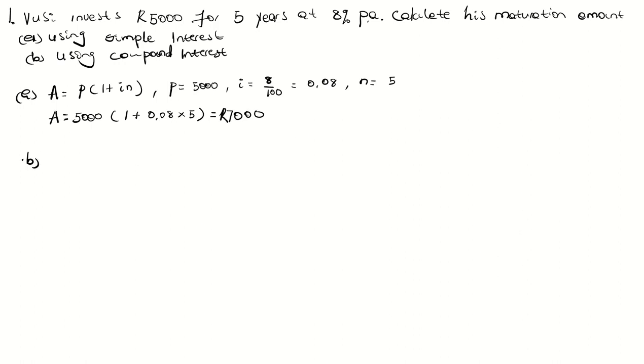And then moving on to B, we have to use compound interest. And in the compound interest scenario, the parameters are still the same, okay? P, I, and N still the same, but the formula is different. So we have P multiplied by 1 plus I to the power of N, okay?